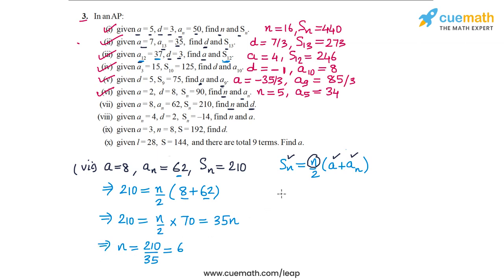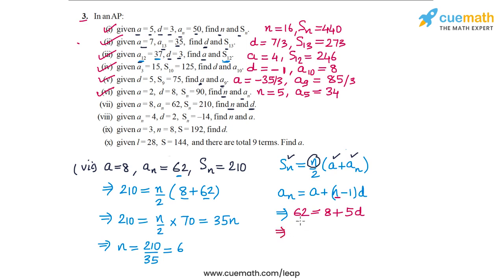And now we can find d using the relationship an is equal to a plus n minus 1 times d. So if we plug in the values, we have an is 62, a is 8, plus n is 6, so n minus 1 is 5, so 5d.